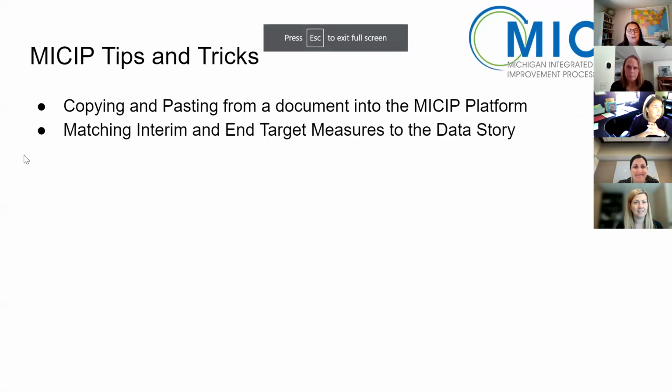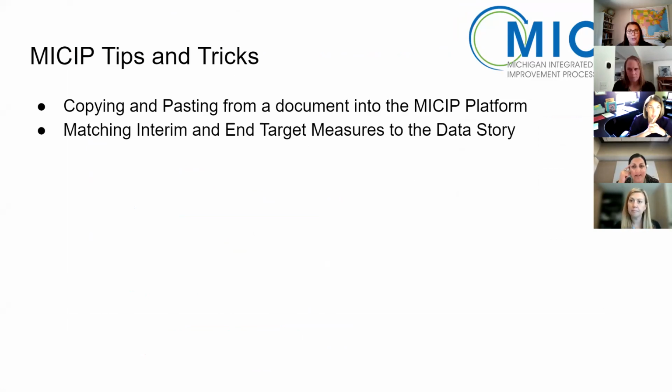And before we move on for today, just some tips and tricks that we've been finding as we work through the platform. I was working with a district last week or the week before, and we were copying from the collaboration document and pasting into the MICIP platform. And there's just a little bug.